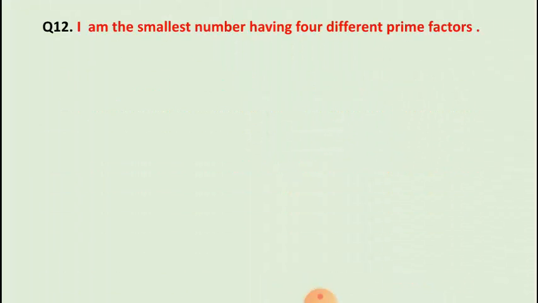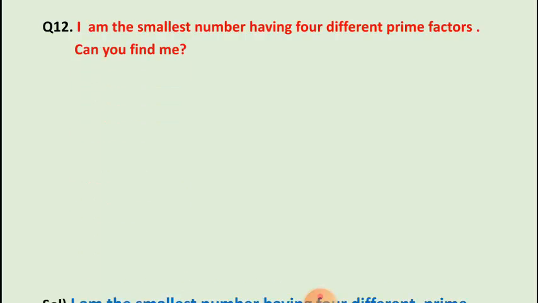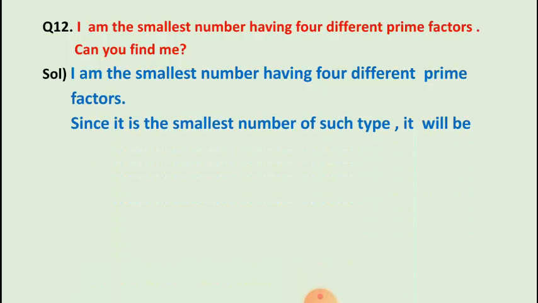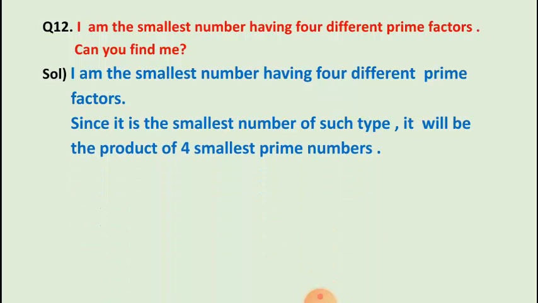Now here comes question number 12 from the same exercise, where you need to solve this puzzle. I am the smallest number having 4 different prime factors. Can you find me? So children, to find this number, first of all you have to take the smallest prime numbers, and after taking the 4 smallest prime numbers, we will find their product.